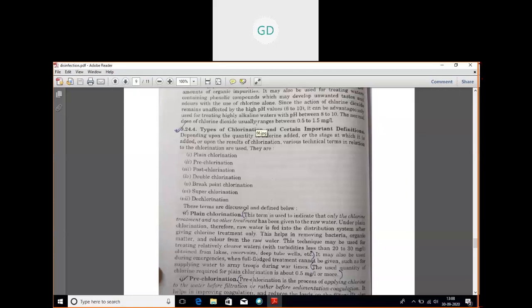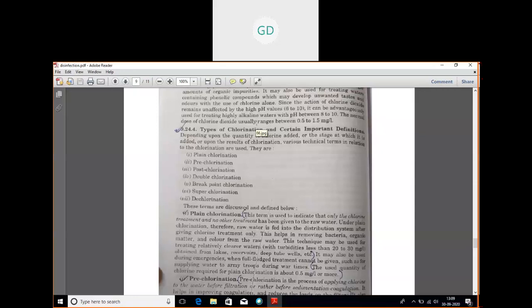Also, it is used when water needs to be supplied to army troops during war times, when there is no time for doing all the treatments.